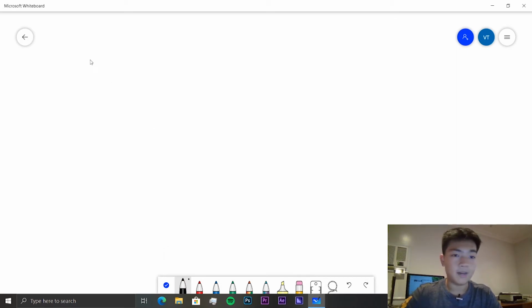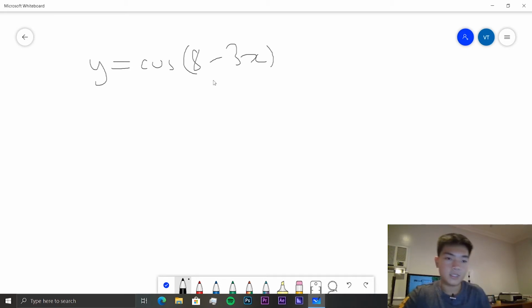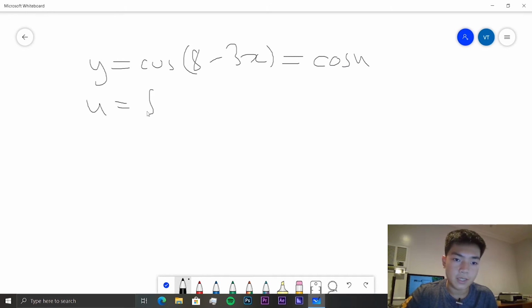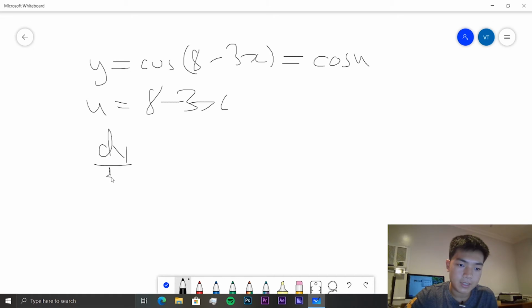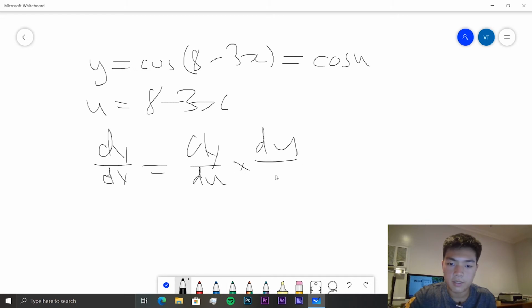Next equation, we have y equals cosine of 8 minus 3x. The same thing, we can use chain rule. Let's label this cosine u, and then u is equal to 8 minus 3x. So we have dy over dx is equal to dy over du times du over dx. dy over du is negative sine u times du over dx, which is negative 3.